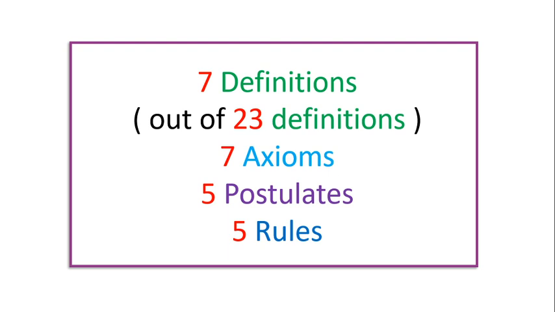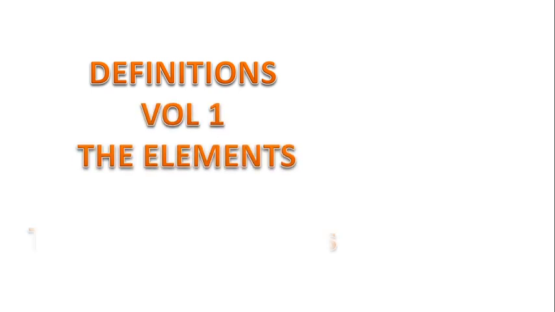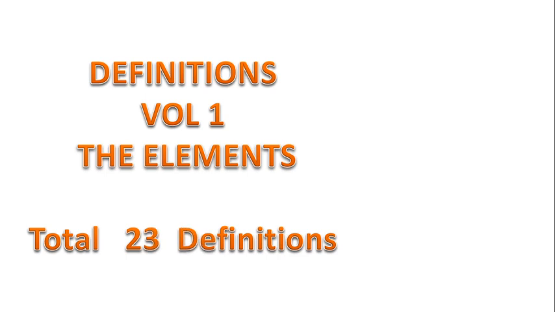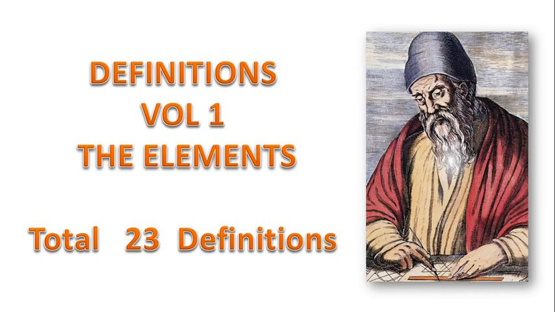So this is the aim of the first 2 or 3 of my sessions, children. Let me begin with definitions. This is in volume number 1, the elements. So altogether there are 23 definitions.